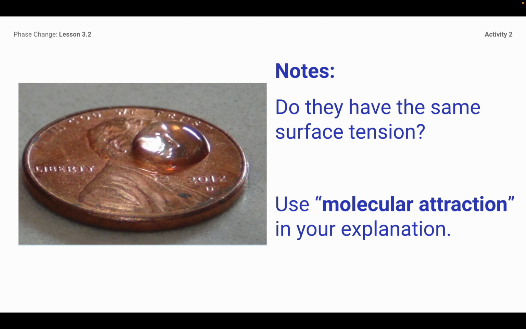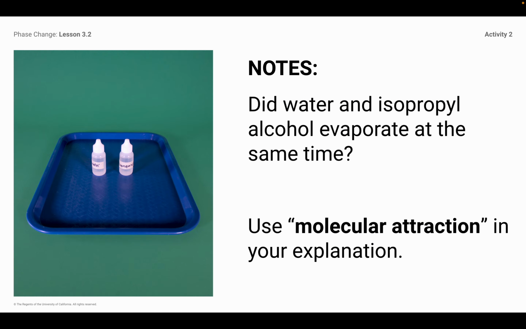Now, by this time, we were finished in class with the isopropanol and the water. And again, I directed the kids to go back to their notes and just draw a picture real quick. What did you do? And then answer the question, did they evaporate at the same time? Did they both evaporate? If they didn't, why not?